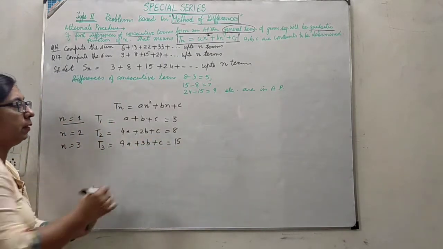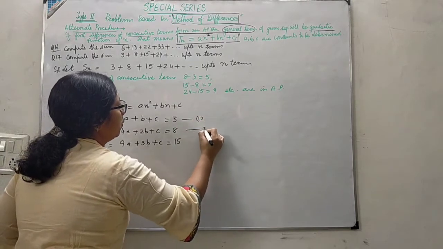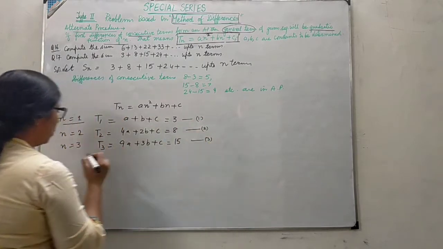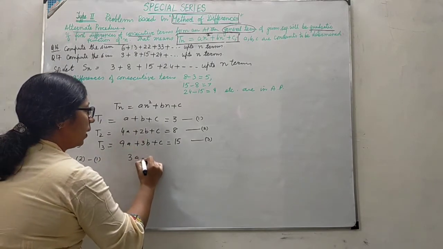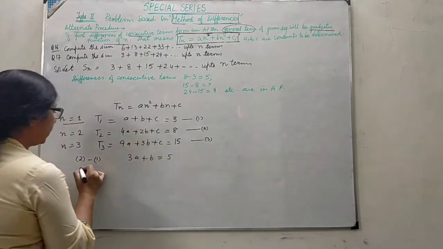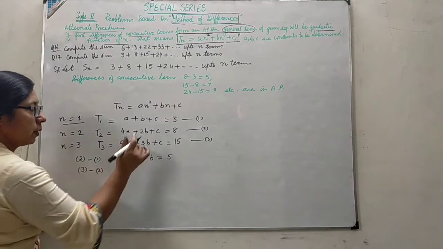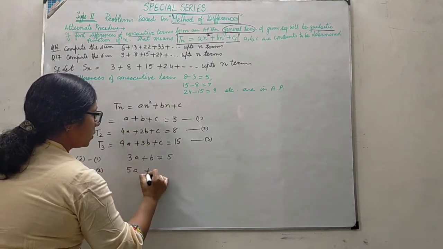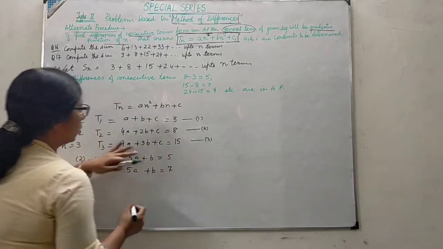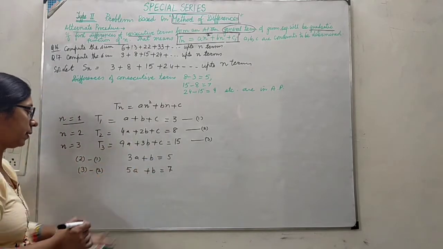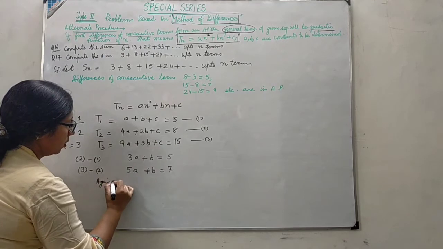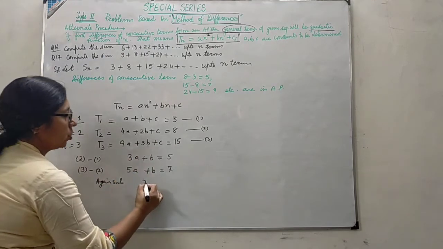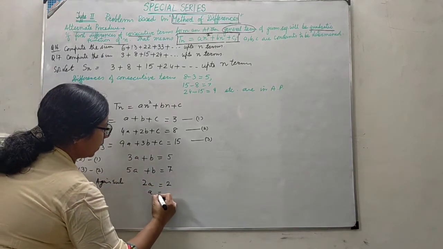These were all given, so I can name them as 1, 2, 3. By subtracting 2 minus 1, this is 3a plus b as 5, and then 3 minus 2 gives 5a plus b is 7. Subtracting again so that b gets cancelled out, 2a is 2, so a comes out to be 1.